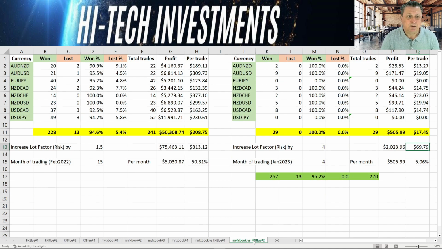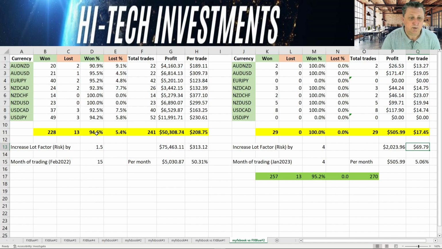And this is what it's gonna look like. We now are down to 8 sets of currency trades that we want to use, and then we again combine the percentages and exactly how much we would get out of it at the end of the day. So if we have a look at the Leapfx numbers, if you just go with the 8 and you again would have traded those over the last 15 months, you would have had 228 winning trades, 13 lost.